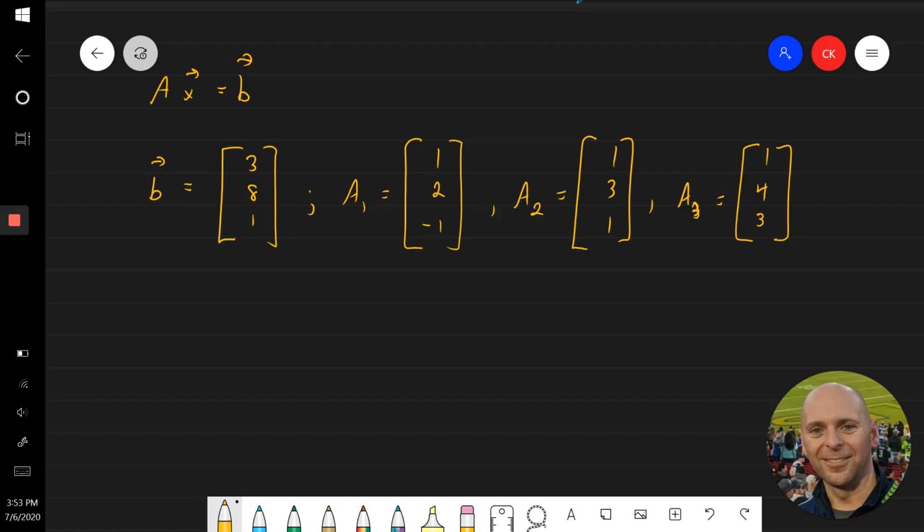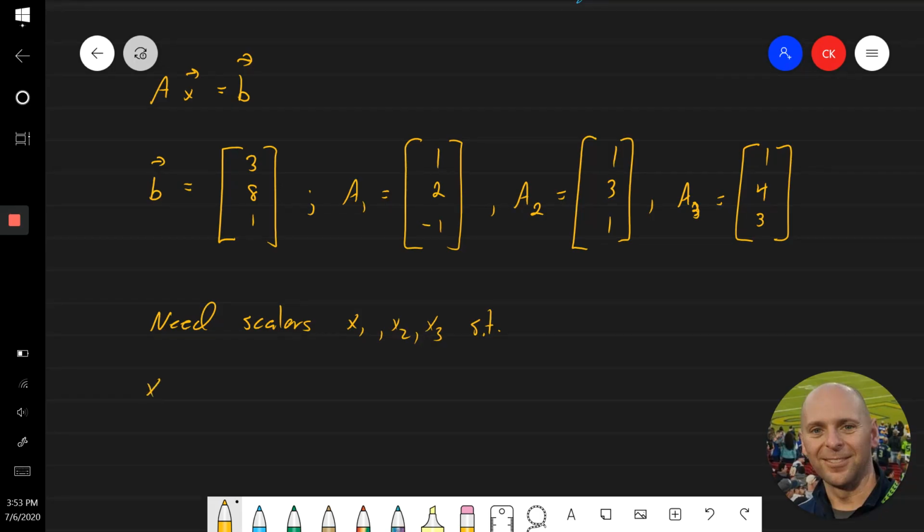What that means is we need to find some scalars, which we'll call x1, x2, and x3, such that the following is true.